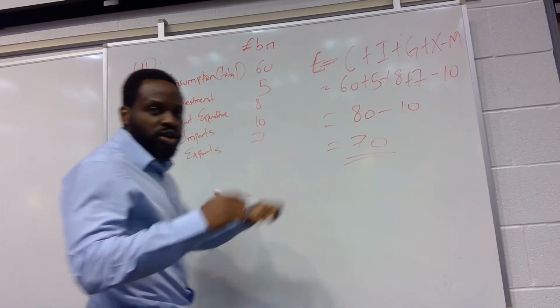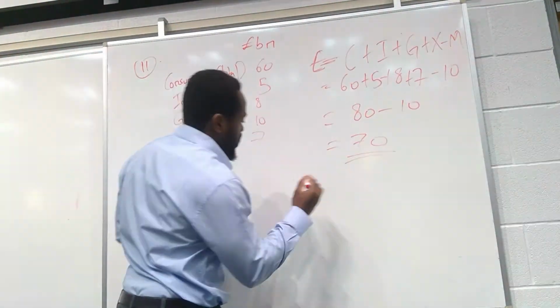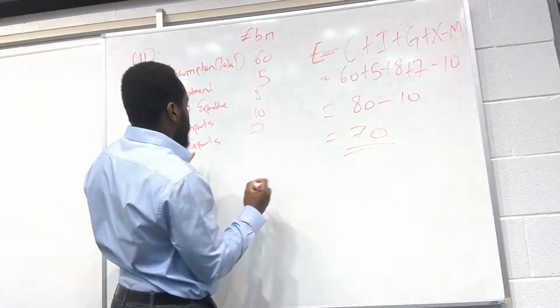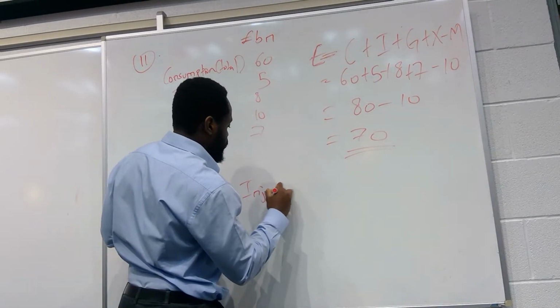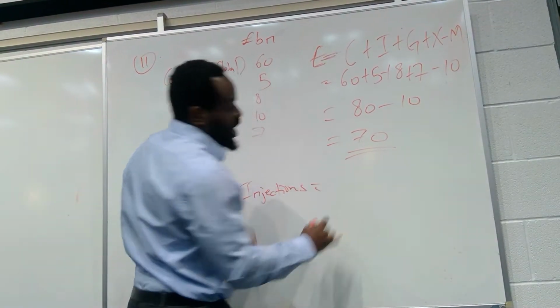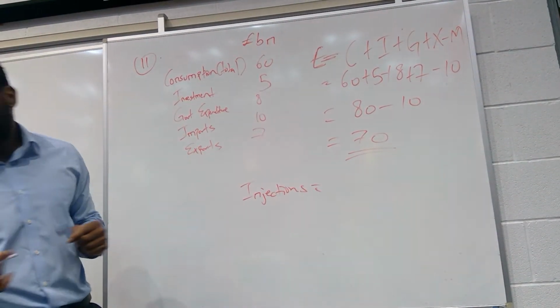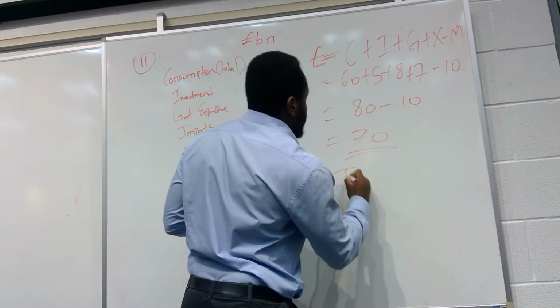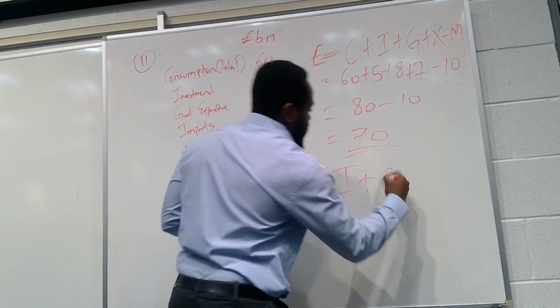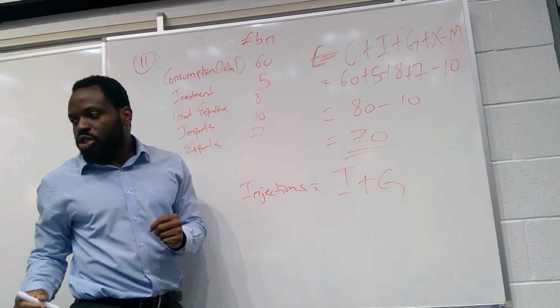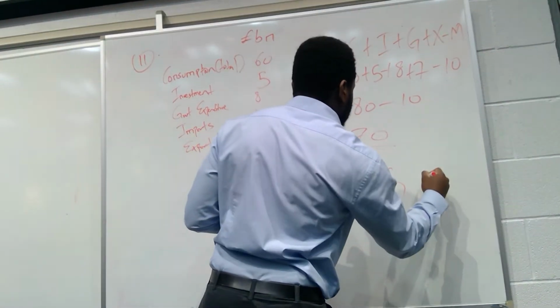B says, what is the level of injection? So injections, right? In level of injections, injections. So what are injections? Injections are things coming into the economy, right? So they're made up of investments, they're made up of government expenditure, and they're also made up of exports, okay?